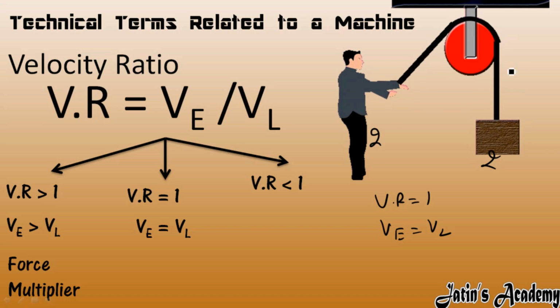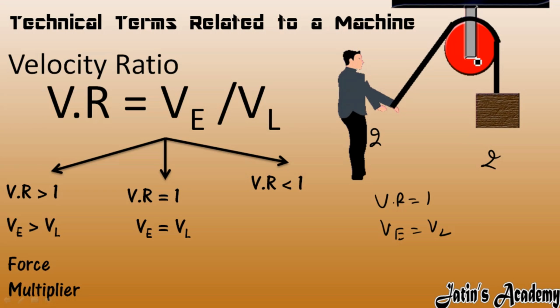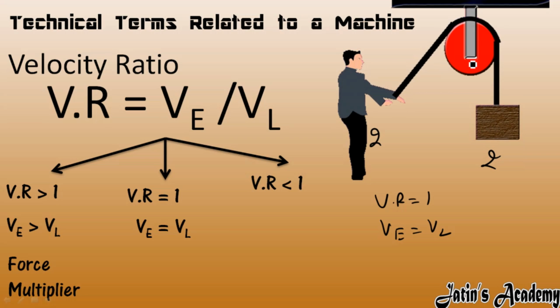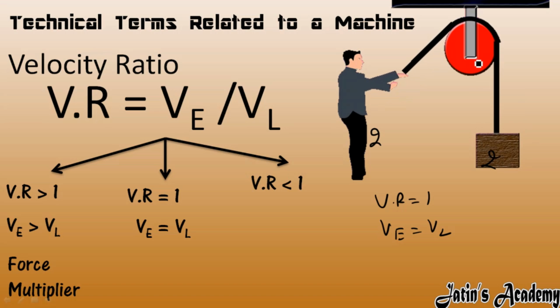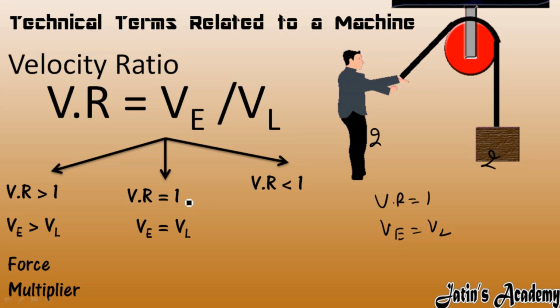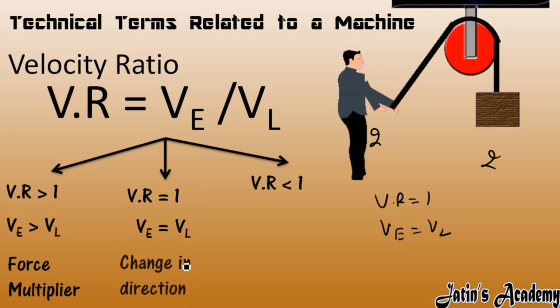Here you will also see the pulley cases. In the case of pulley, velocity ratio equals 1 and mechanical advantage equals 1 for an ideal pulley. Why? Because it is only changing the direction, it is not increasing the speed, neither is it giving a force multiplier. So this machine acts as a change in direction.